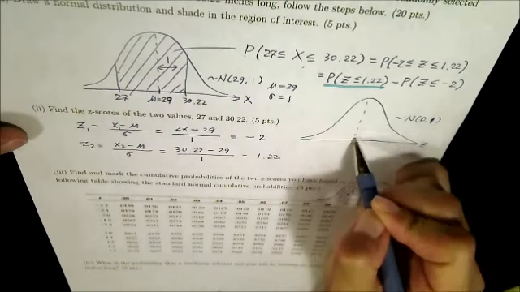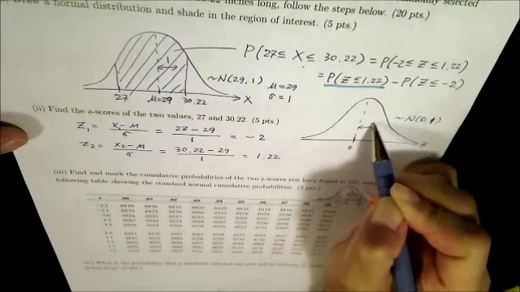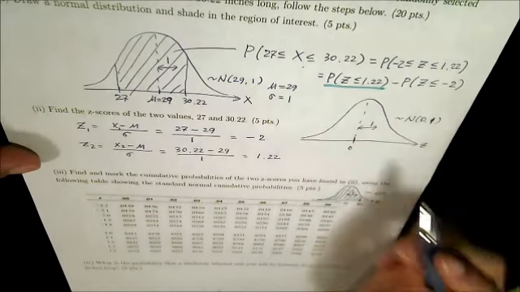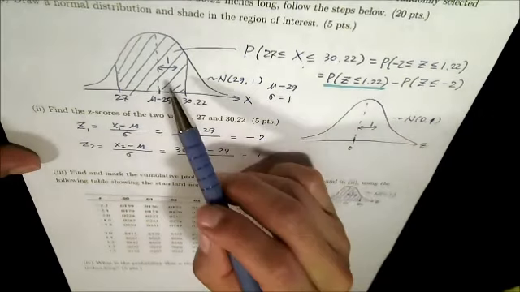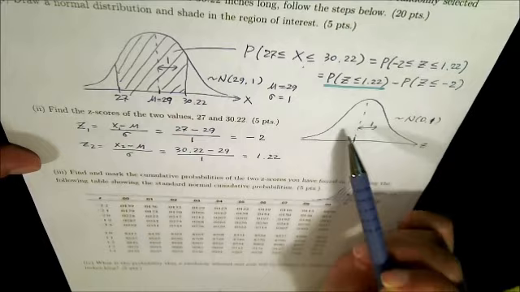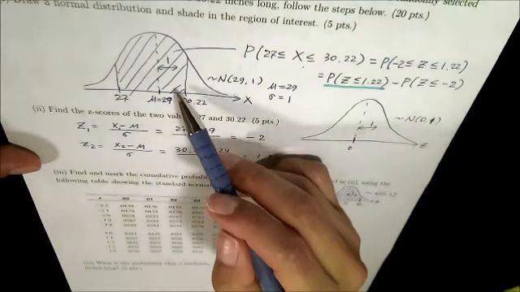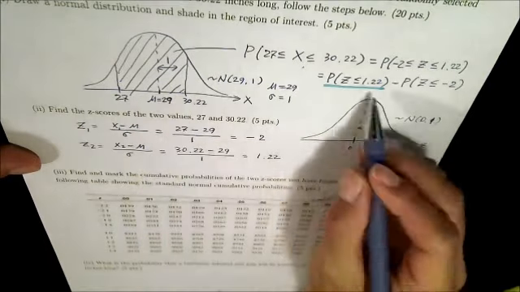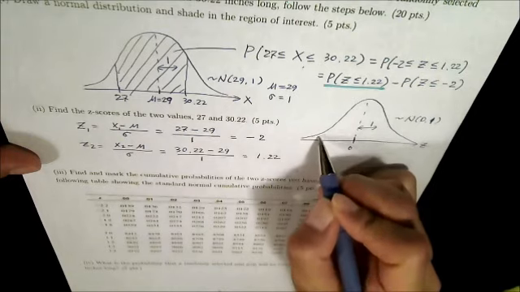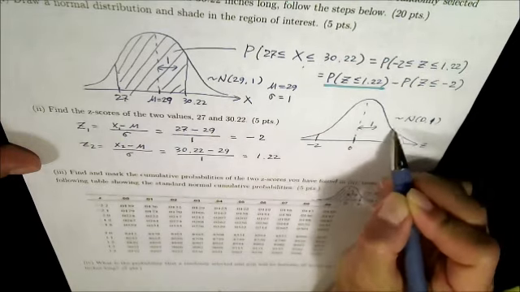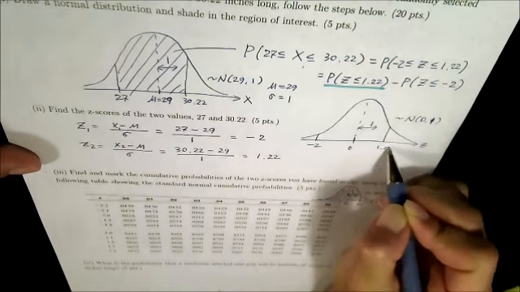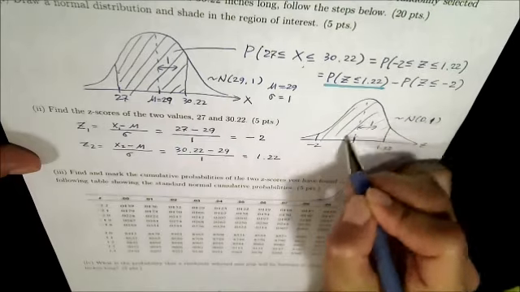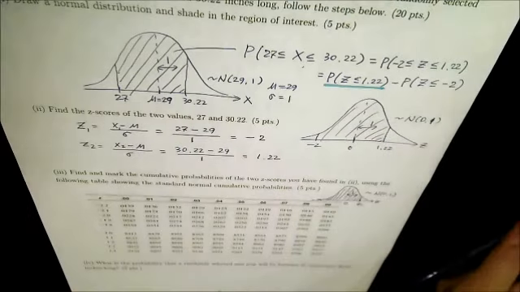The center is 0, the standard deviation 1, right? And the corresponding area for this probability is from negative 2 to 1.22, this.